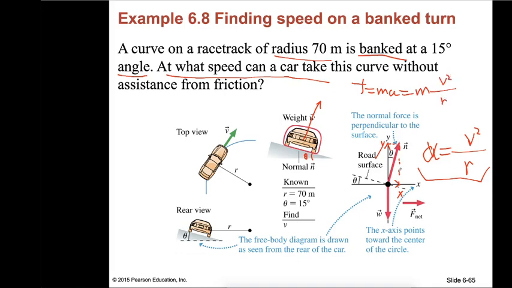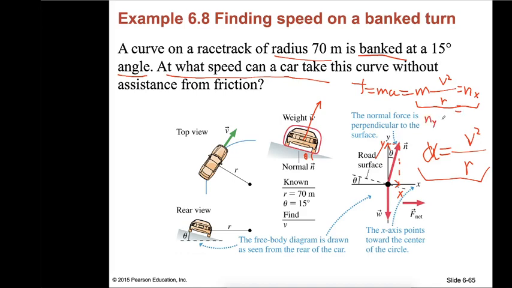That's the centripetal force, and the centripetal force actually is provided by Nx, the x component of the normal force. And the x component of the normal force provides the mv squared over r.